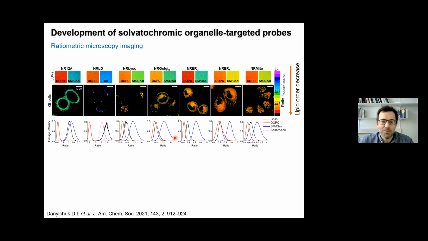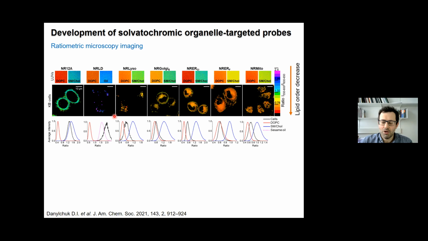For that, we again do two-color imaging, and then we construct a ratio. When we constructed the ratio and put them on the same scale, we were very happy to see that in each case, the color was characteristic for each organelle. But the interpretation of this result is not that obvious, because the probes are a bit different.